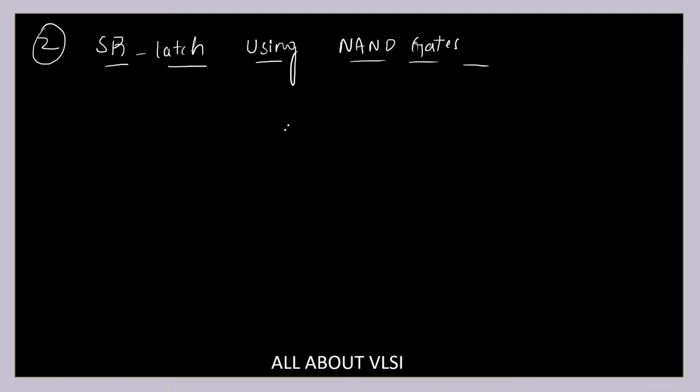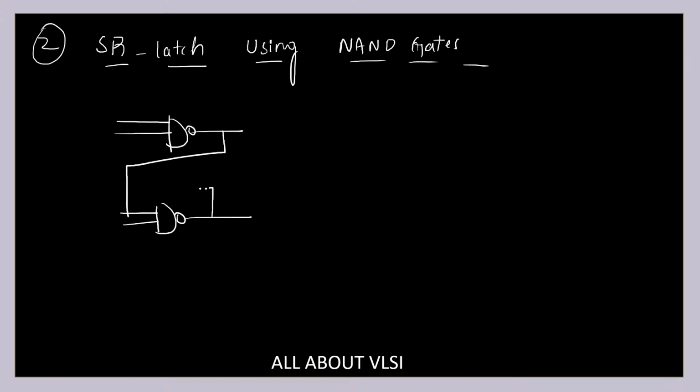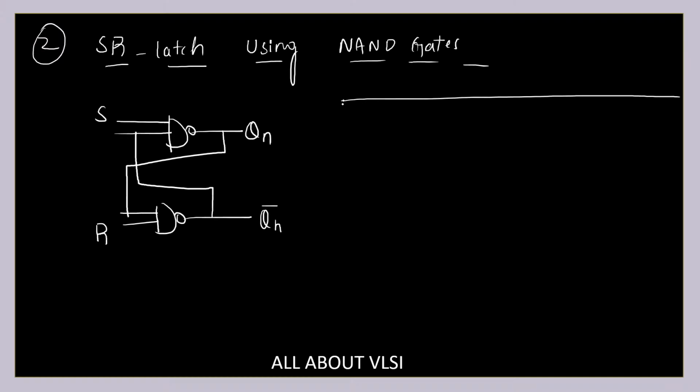Coming to the SR latch using NAND gates, this is how it is going to look. This is my NAND gate and this is one more NAND gate. The output of this gate is given to this one, and the output of this is given to this one. Here I give S and here I give R. This is my present state Q and its complement Q bar.